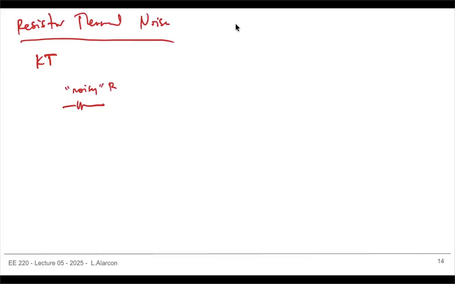So if we think about this, how do we model noisy resistors? Well, we can model our noise as noise generators. So for example, I'll model this noisy resistor as some noiseless resistor, this is now noiseless, with, let's say, a thermal voltage noise generator.